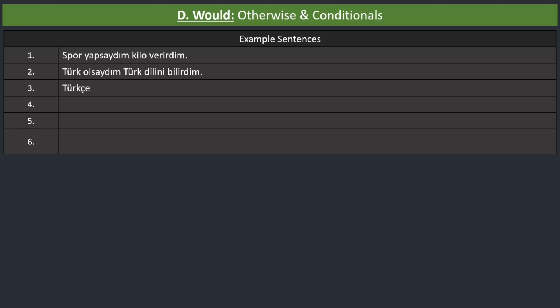Türkçem daha iyi olsaydı daha çok sosyalleşirdim. I would socialize more. Sosyalleşirdim. If I separate it, it goes like this. Because sosyalleş is the root of the verb. Sosyalleşirdim. Yes.